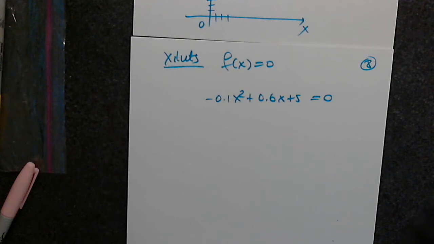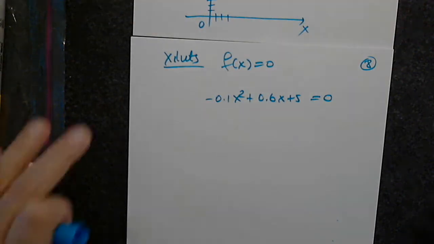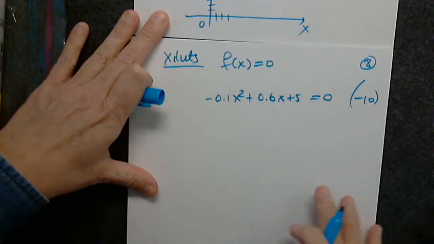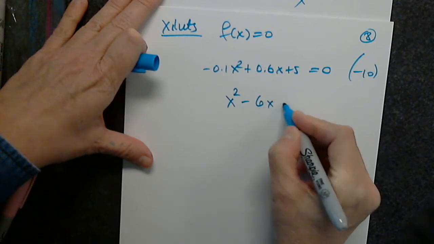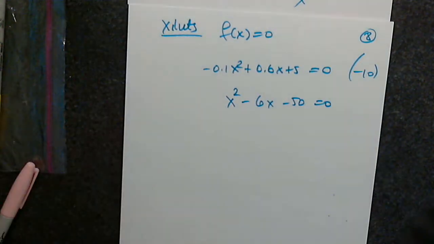You're going to divide that negative out, or multiply both sides by negative 10. Do you have to? No. But I refuse to work with those numbers. That's me. You don't have to. So with the graphing calculator, let's punch in.